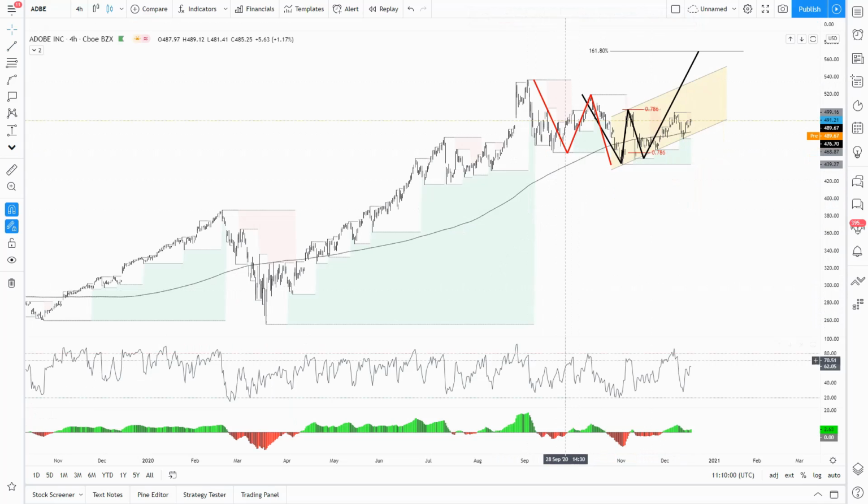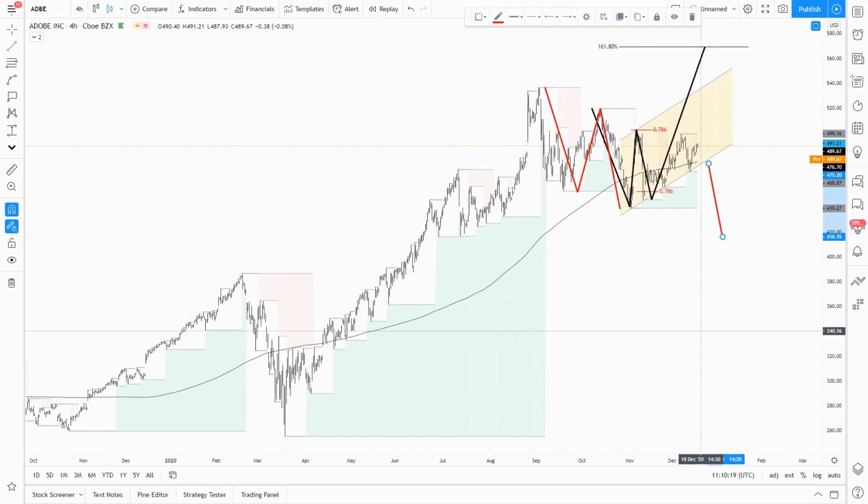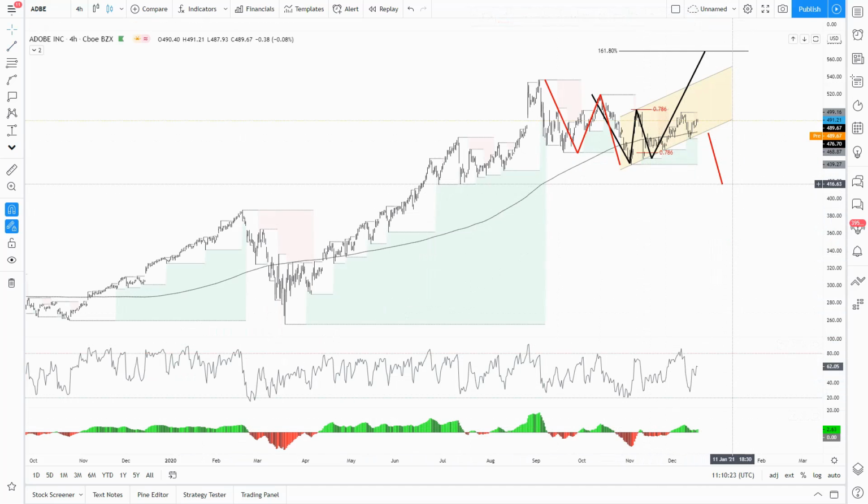We can try to identify potential divergence between those lows, which we don't have. The market did not form divergence between these previous structure lows and the most recent one, which may also suggest new lows and those offering divergence.